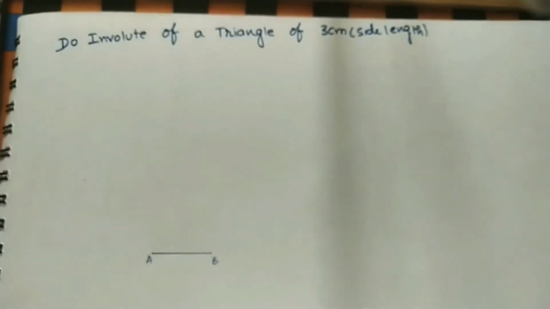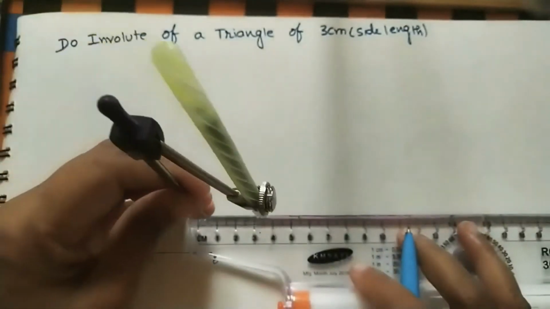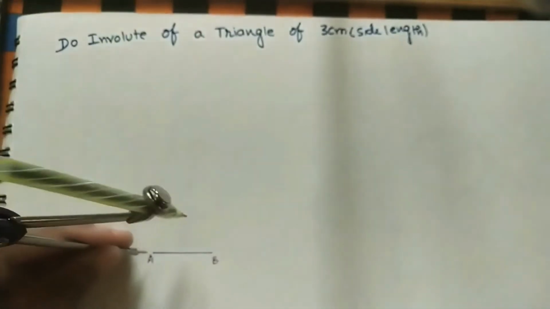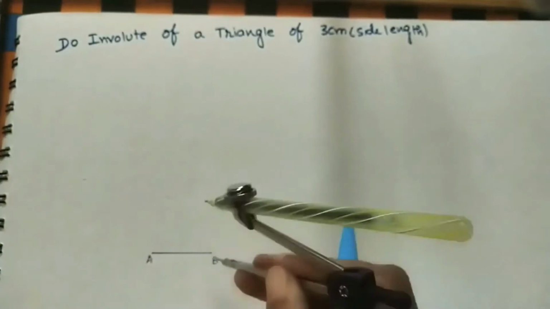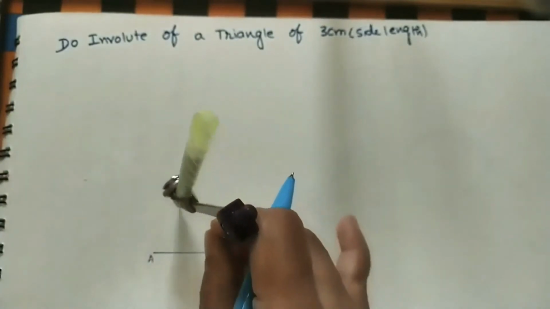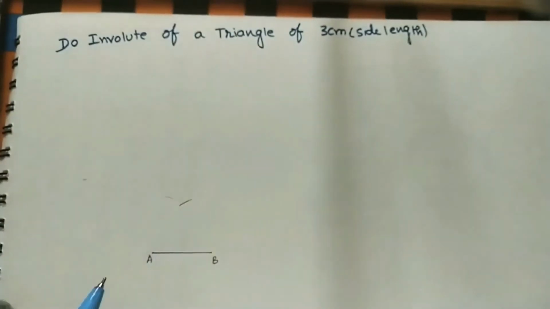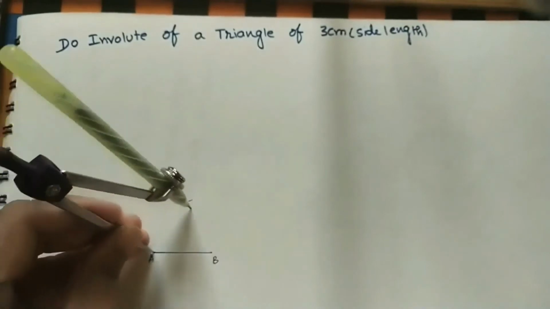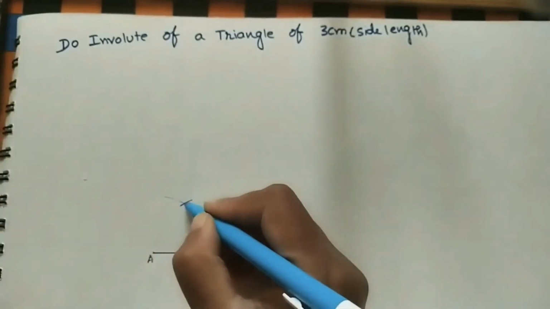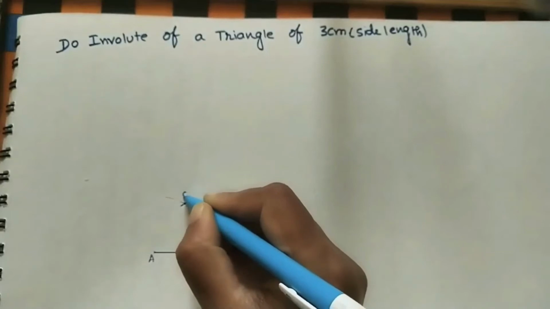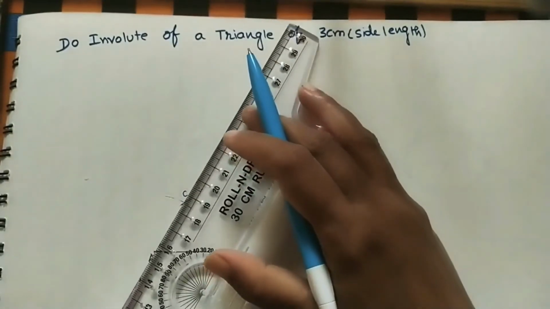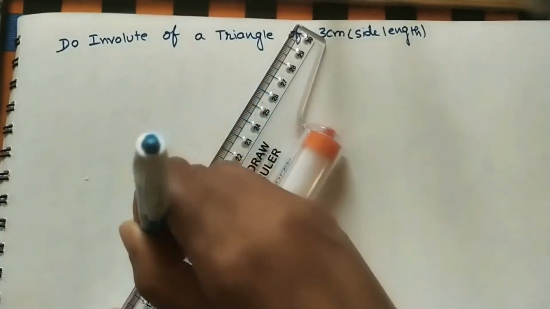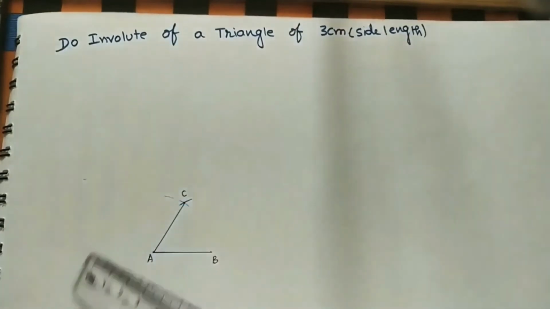A to B, first we draw one horizontal line, that is the 30 mm distance, and with the compass also we take the length of 30 mm. With A and B centers we draw arcs. A is the center, we draw one arc. B is the center, we intersect that point, that is called C. In this way we join the slant line.